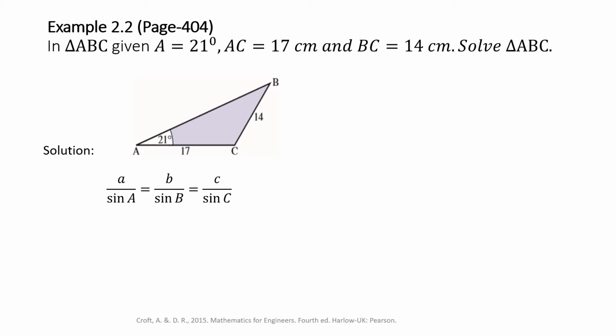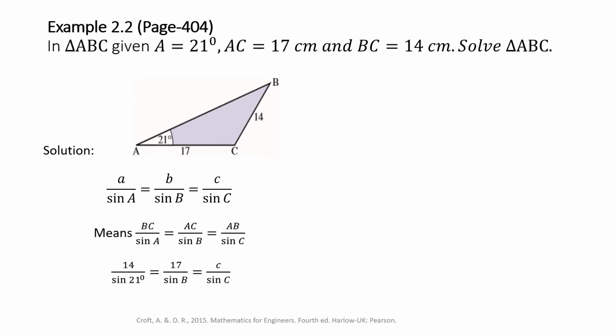This is sine rule. We can also write the sine rule in this shape, because small letters a, b and c represent sides. So small a means BC, small b means side AC, and small c means side AB.